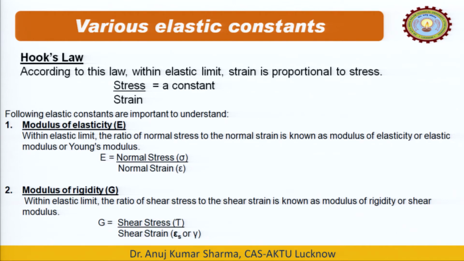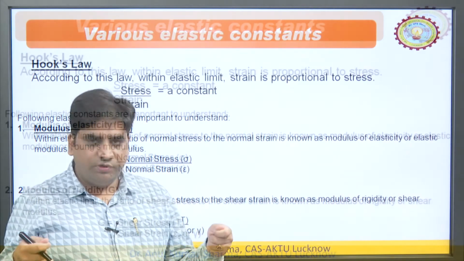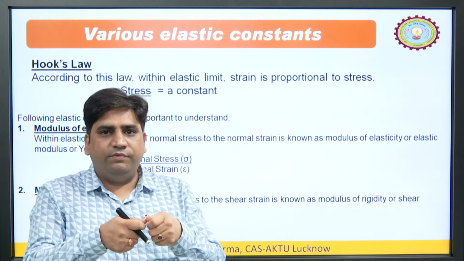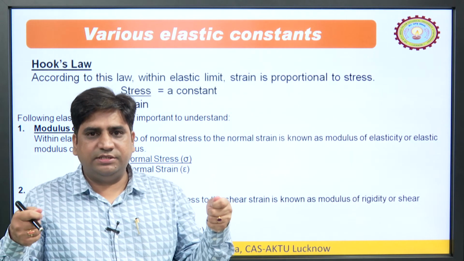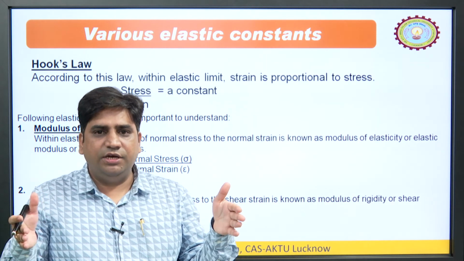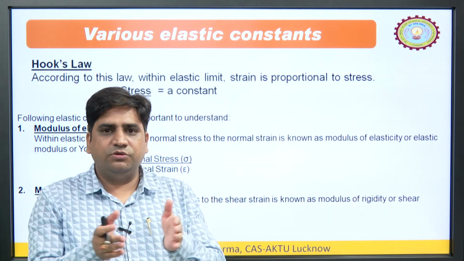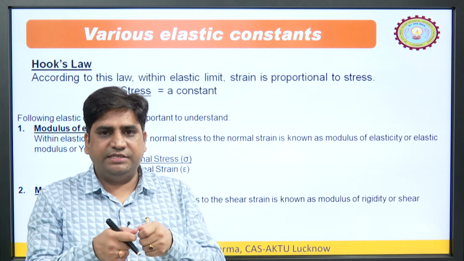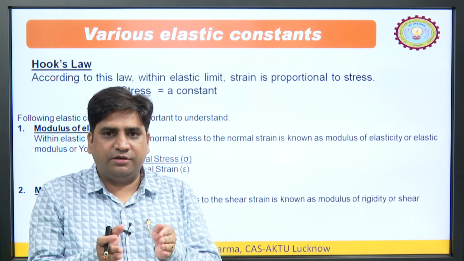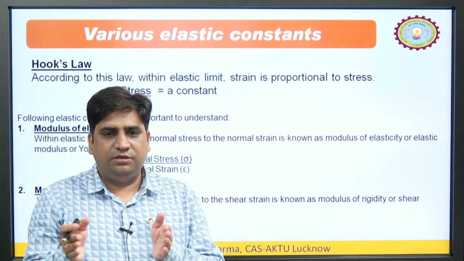So, these are very important. Before discussing the various elastic constants, let us have a small discussion on Hooke's law. What is Hooke's law? Within the elastic limit, when we stretch something, we apply some force, it is stretched, and when we release the force, it comes back to the original position. So, within that range, it is the elastic limit.